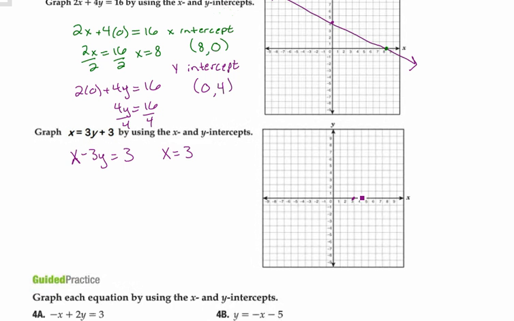Bam. Now I'm going to cover and solve to find my y. I'm going to get rid of my x and I'm going to do some quick computations in my head. Okay, I have a negative 3y equals 3, which means I'm going to have to divide by a negative 3 on each side. So my y-intercept is negative 1.